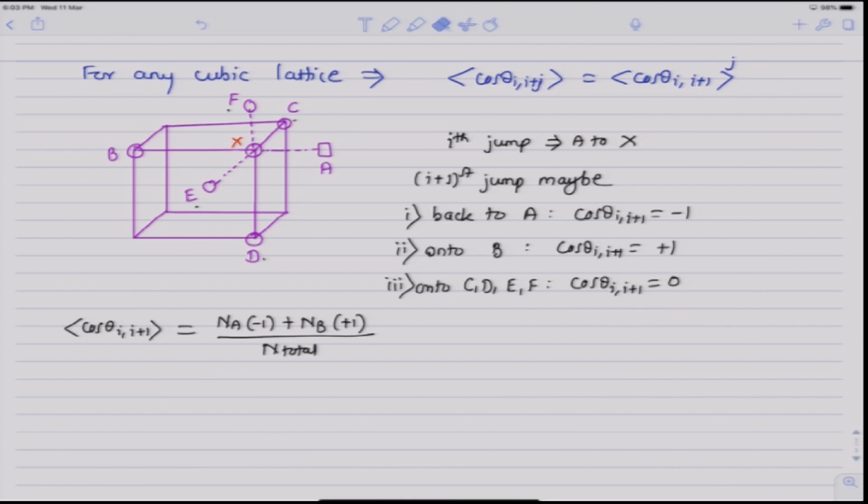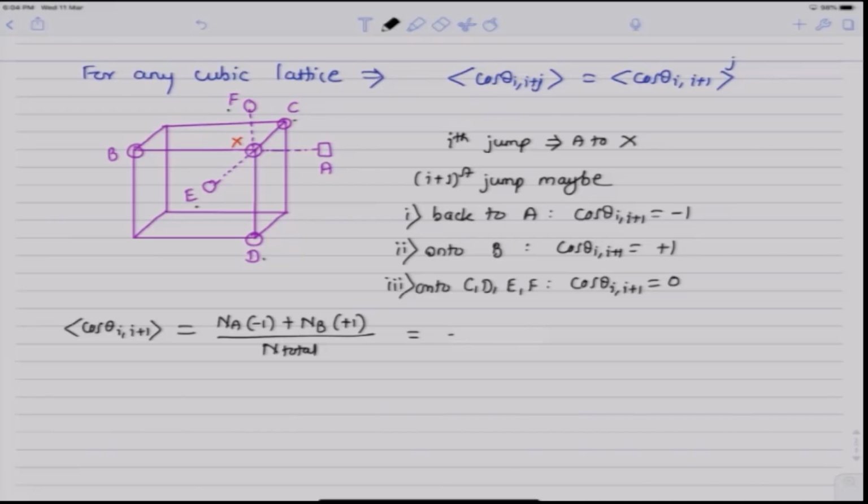Now, N_A over N total is the fraction of atoms which have made the reverse jump back to A. So, it can be considered as the probability that an atom makes a reverse jump. Let us denote it as PR. So, this becomes minus PR.